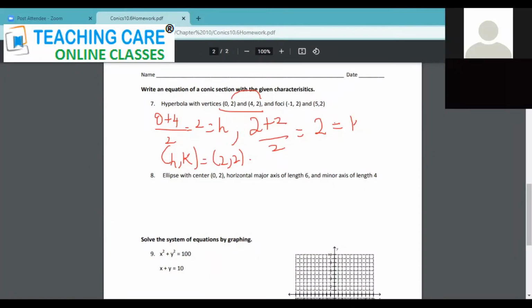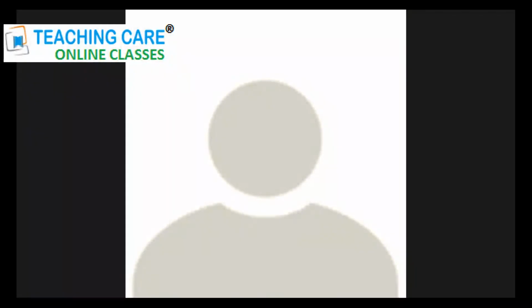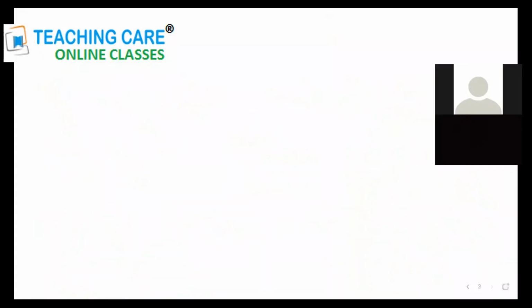Okay, I will just do this on the whiteboard. See, our points are 0, 2 and 4, 2. Then they have given the foci to be negative 1, 2 and 5, 2.